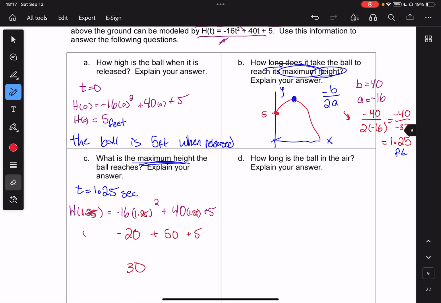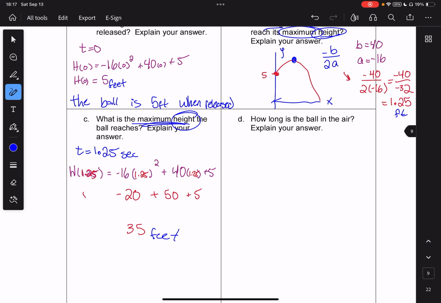So that means that our answer is going to be 35, because negative 20 plus 50 plus 5 is 35. And what are our units? Remember, units. What is the maximum height? Feet. 35 feet. Okay.